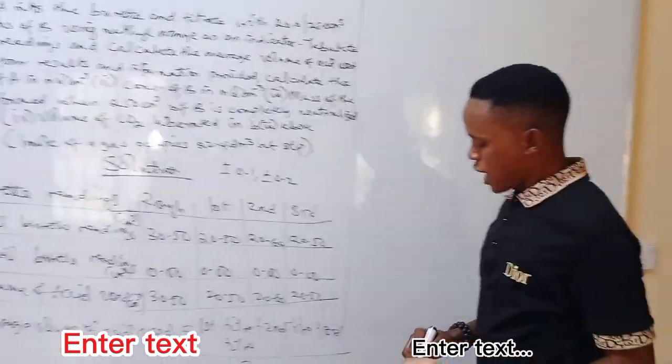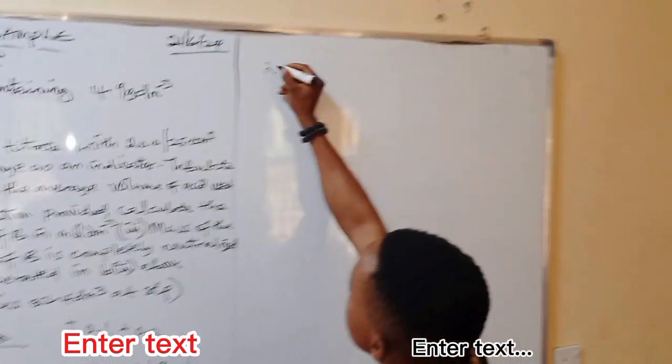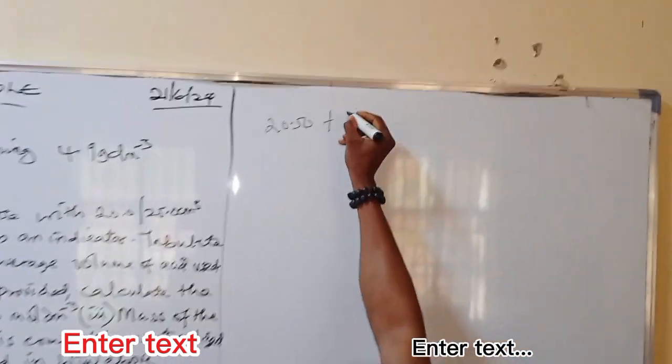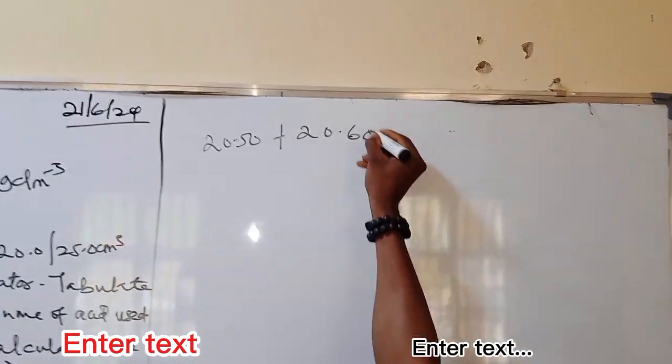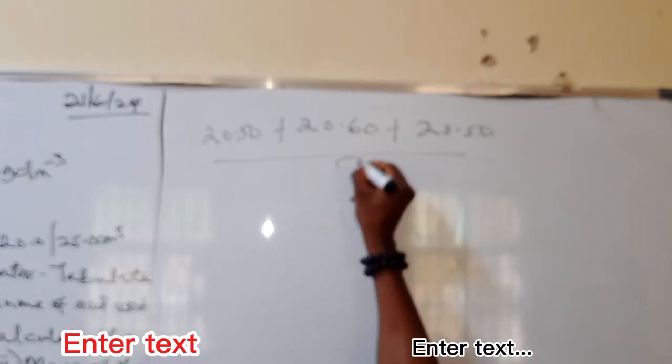So here we have 20.50 plus 20.60 plus 20.50 divided by 3.